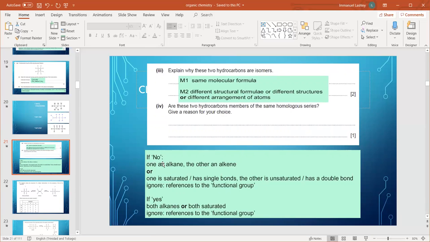If you chose the alkane and one alkene, then you would have had different functional groups. One would have been saturated, meaning it only has single bonds, while the other would have been unsaturated, meaning there are double bonds present.